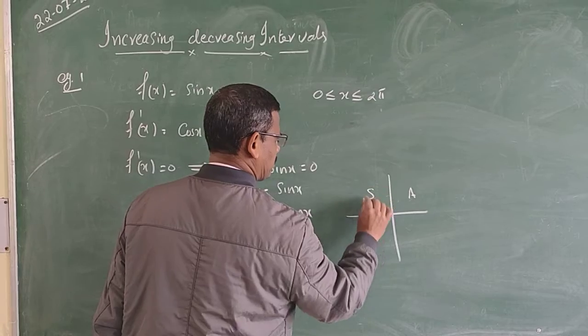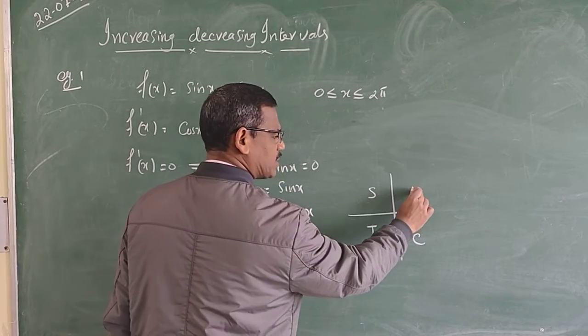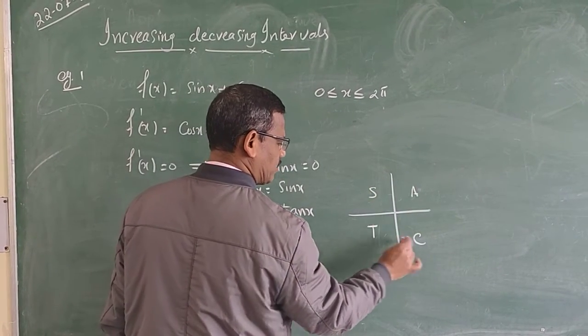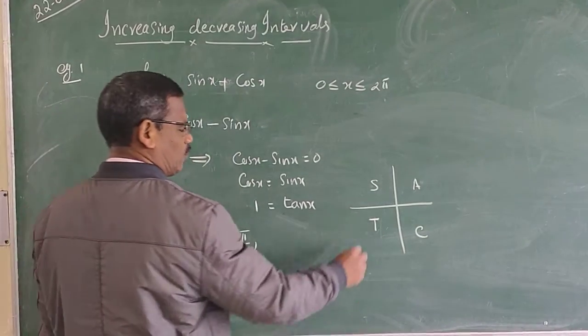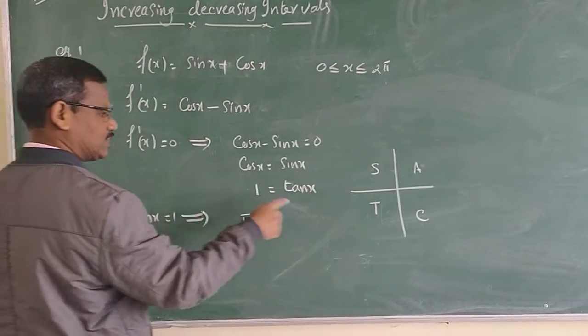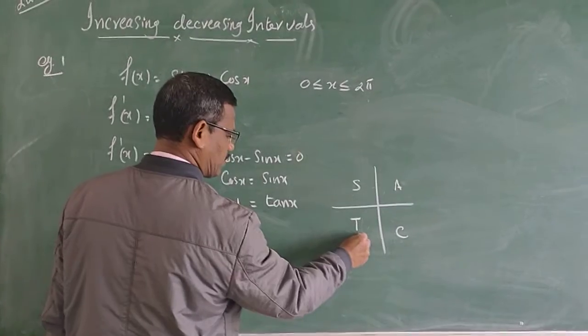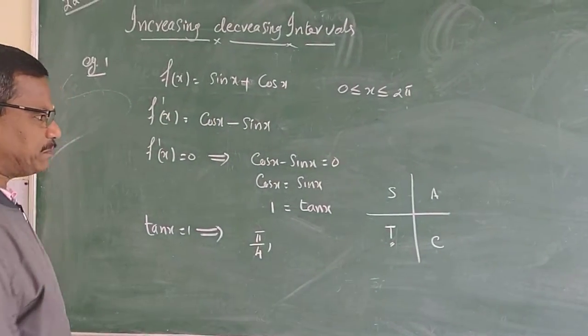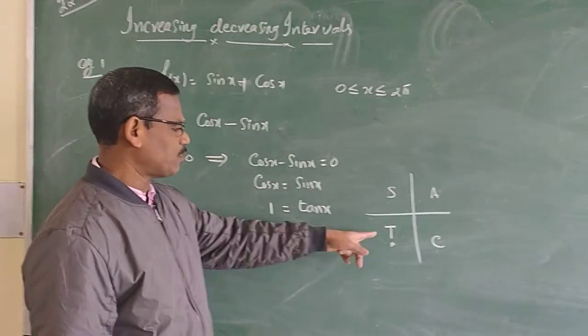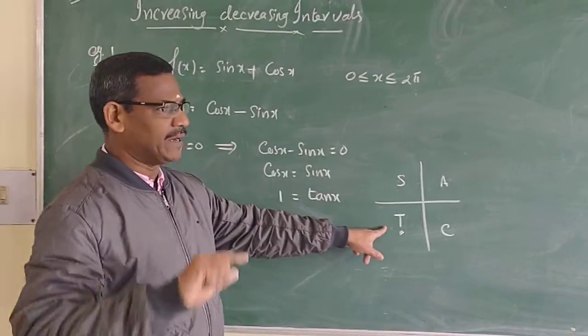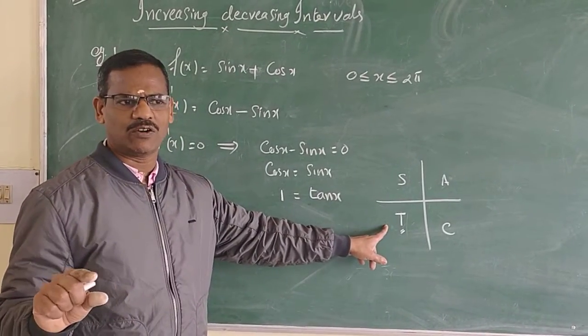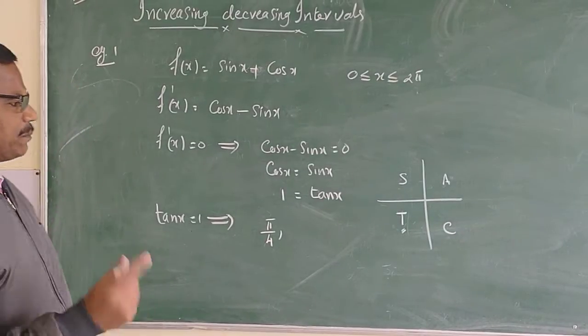Here you must remember: all positive, sin positive, tan positive, and cos positive. Now tan is 1, so it is positive, so it must be more than 180 and a multiple of 45. That is the way of finding out.